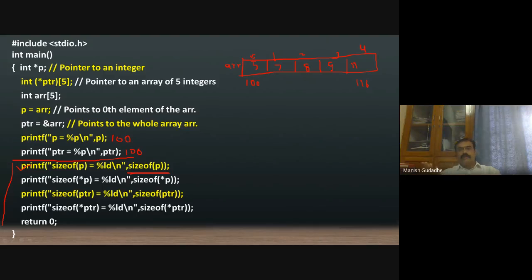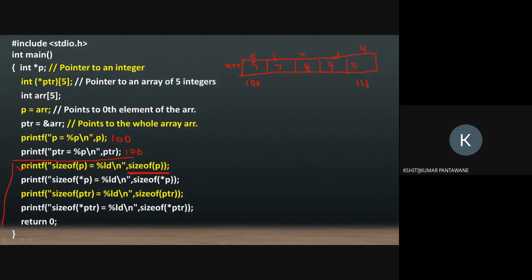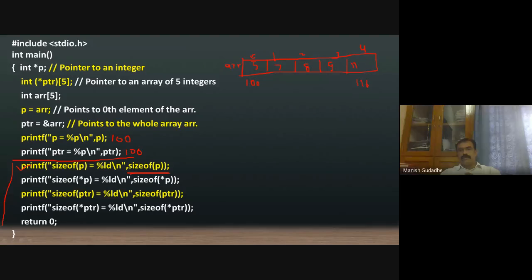No, zeroth element and percent LD, do they have any connection? No, sir. Sorry. Okay. Palash, sizeof P is equivalent to LD. Okay. Harshali, I am happy that you have thought over this.